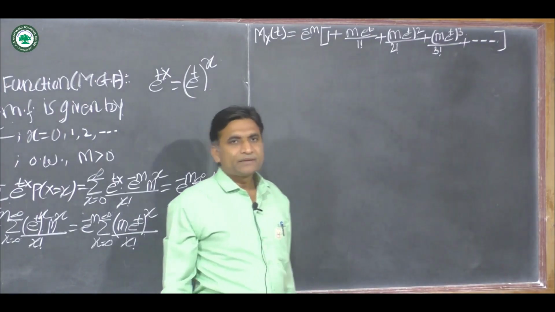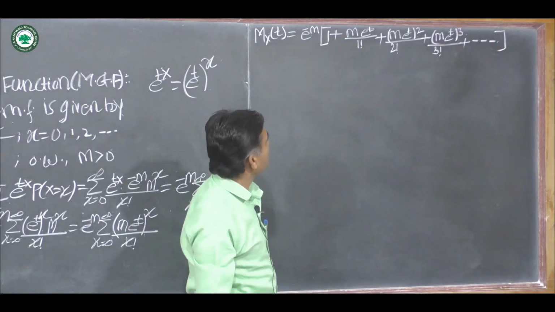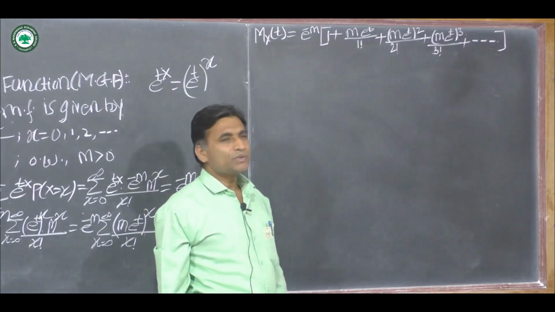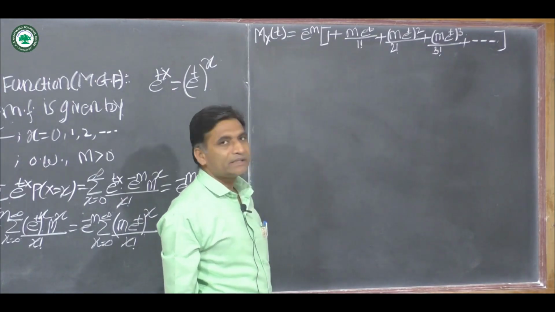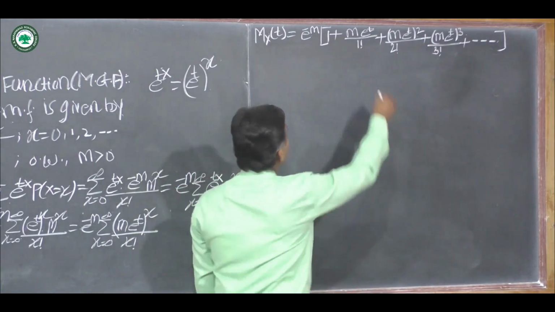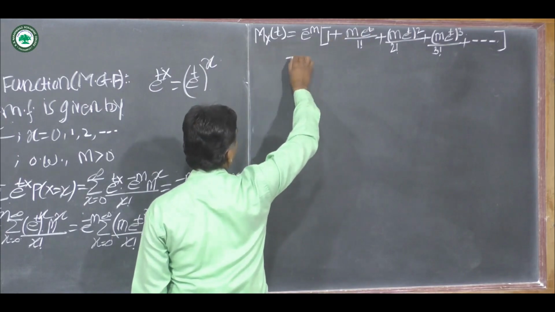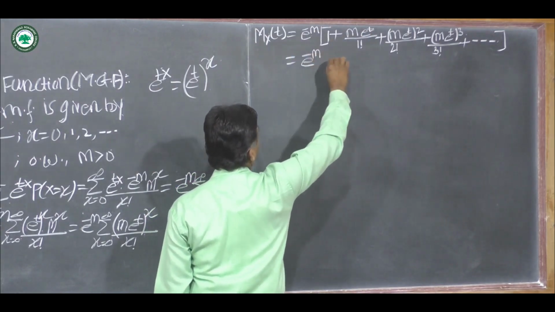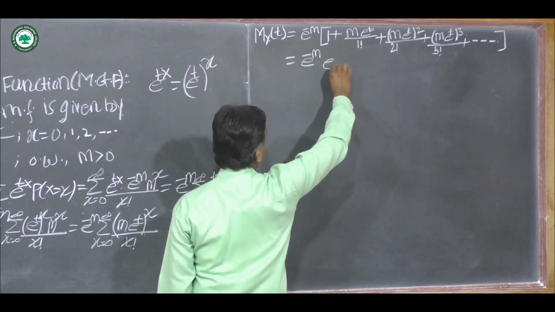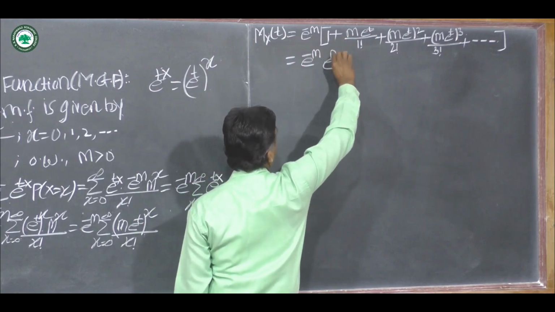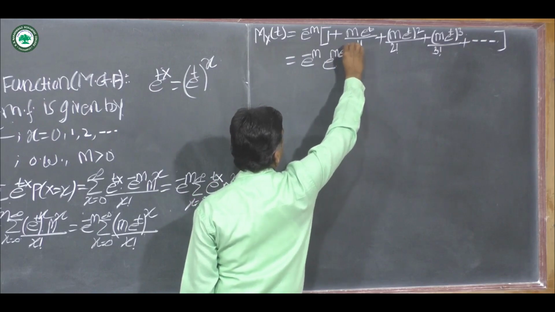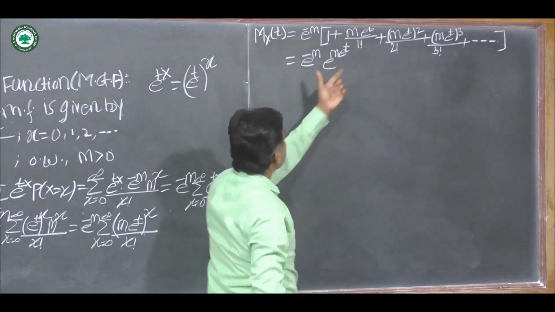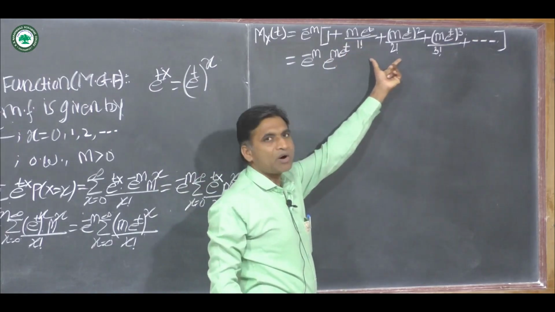We know that the sum of this series is equal to e raised to m into e raised to t. So this is equal to e raised to minus m into e raised to m into e raised to t. This is the sum of the above series.